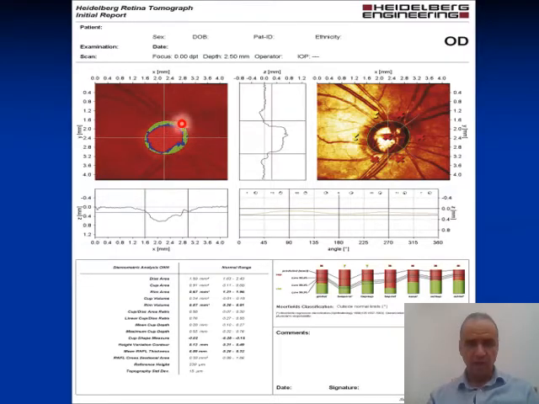The green color is normal peripheral optic disc tissue, and this blue color is the transitional area between cup and normal tissue. And here, if you increase the magnification, you can see exactly the CD ratio measured objectively. This test is used for diagnosis and also for follow-up, to see if there is progression of enlargement of the CD ratio with time.